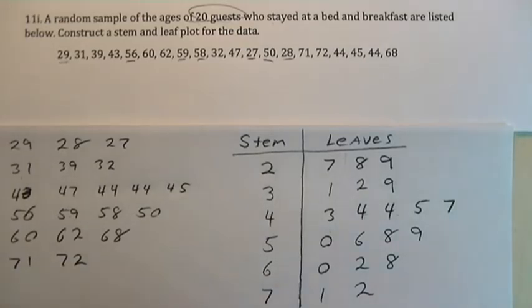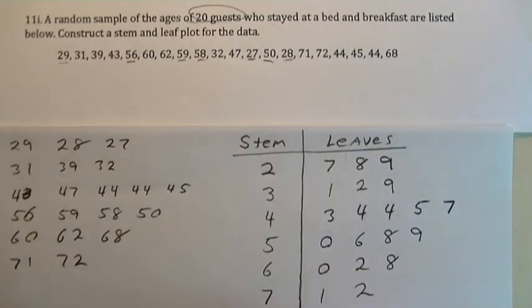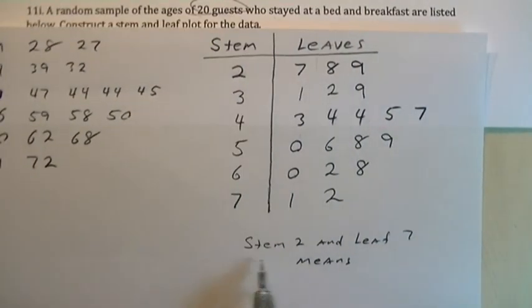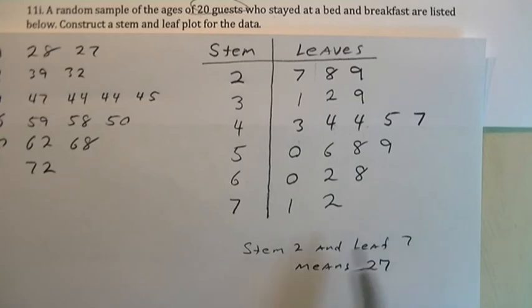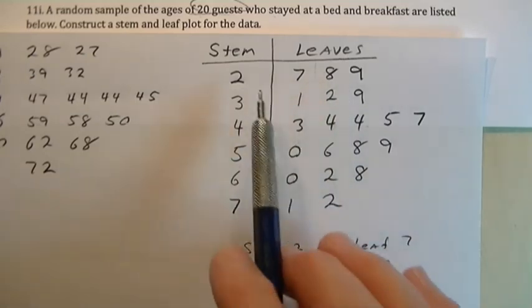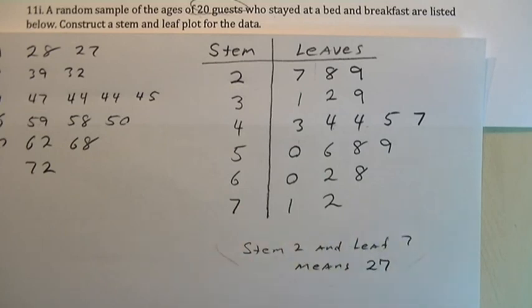Usually you make a legend down here, and you might say stem 2 and leaf 7 means 27. So down here is a legend, something to tell the reader what they are looking at. This is 27, 28, 29. This is 31, 32, 39. This is enough information to get them started.